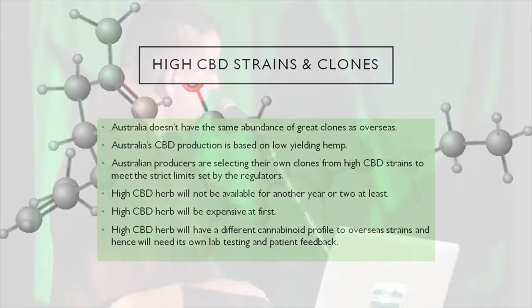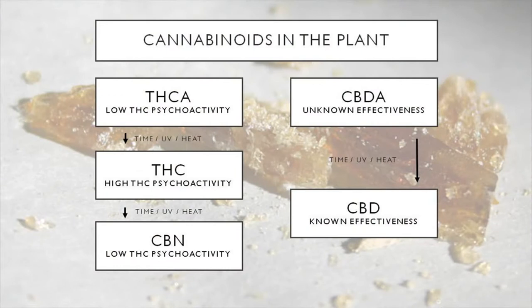If you wait longer, more time, more UV or more heat, you end up with CBN, which has almost no psychoactivity except that it's very sedating. So it's actually used as a sedative. CBDA just converts to CBD, which is extremely stable. So there's no third compound that it degrades to.